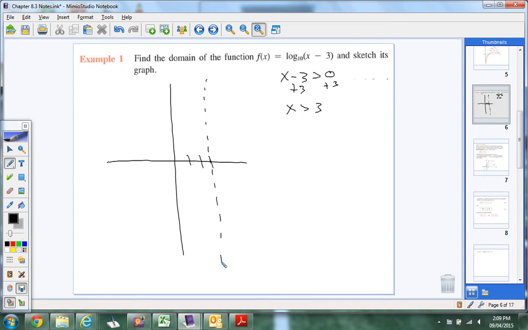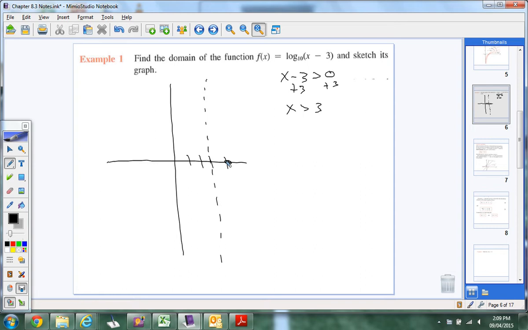So how do I get that to be a 1? A 4. At 4, it should cross the x-axis, because 4 minus 3 is 1. 10 to what power is 1? 0. That's why it happens.